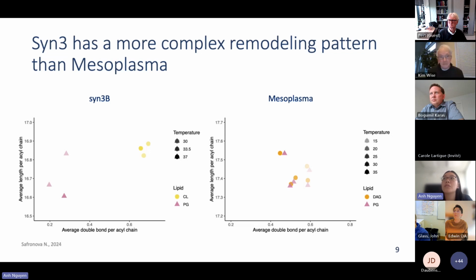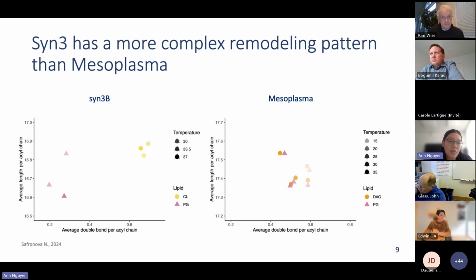But other than that, what we see is more of a response factor, and the proteins that can actually sense the changes in membrane properties are still undergoing characterization. Mm-hmm. But they must be in the Syn3A genome, so maybe they are some of the unknown proteins. Yes, membrane proteins are very complex, and we really want to look into that.